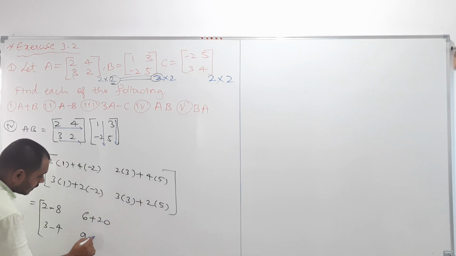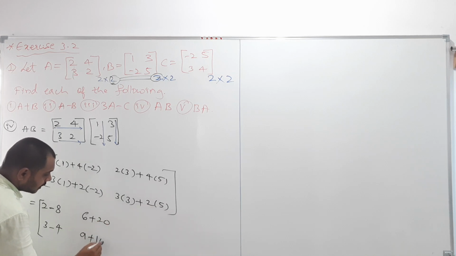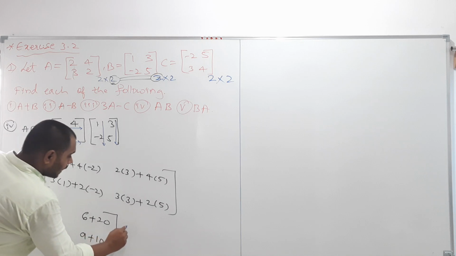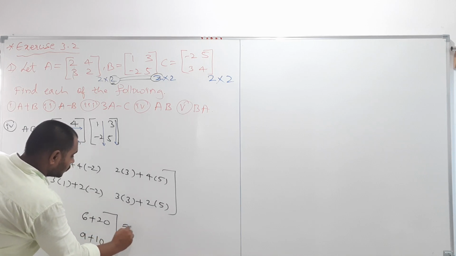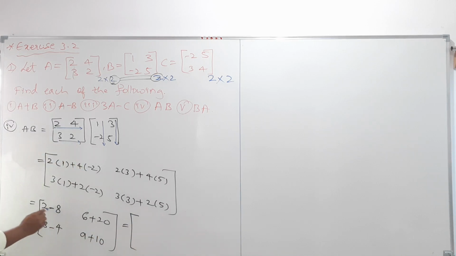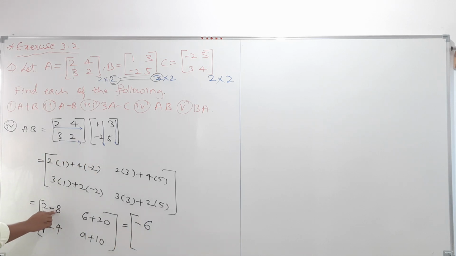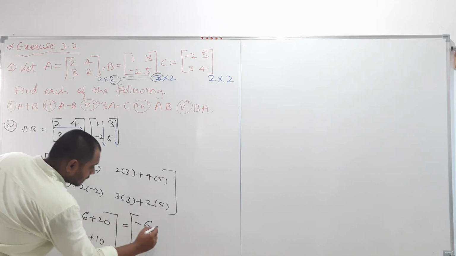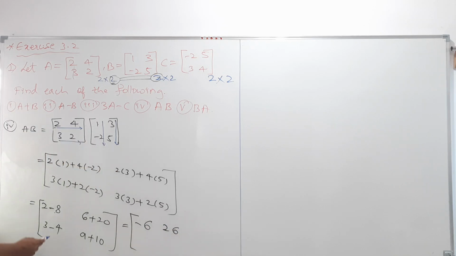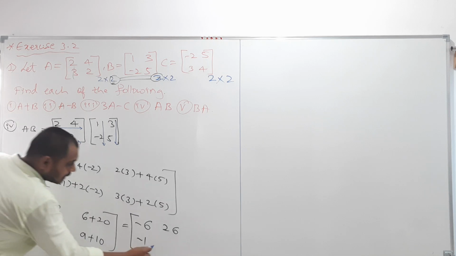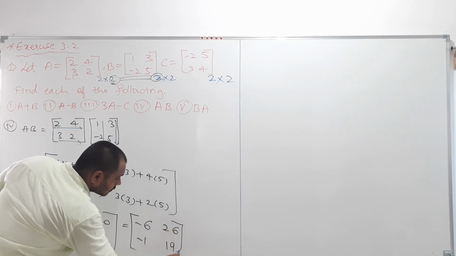Next, 3 3 is 9 plus 2 5 is 10. Clear? Now add these. 2 minus 8 is minus 6. Next, 6 plus 20 is 26. And next, 3 minus 4 is minus 1. 9 plus 10 is 19.